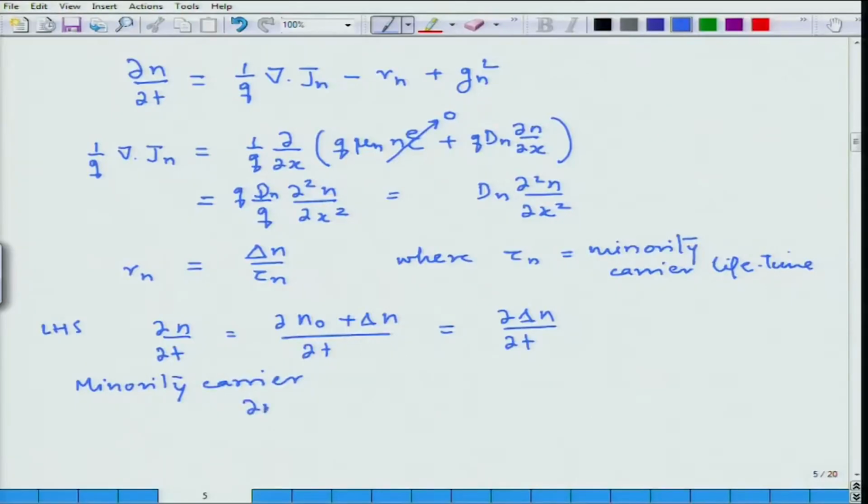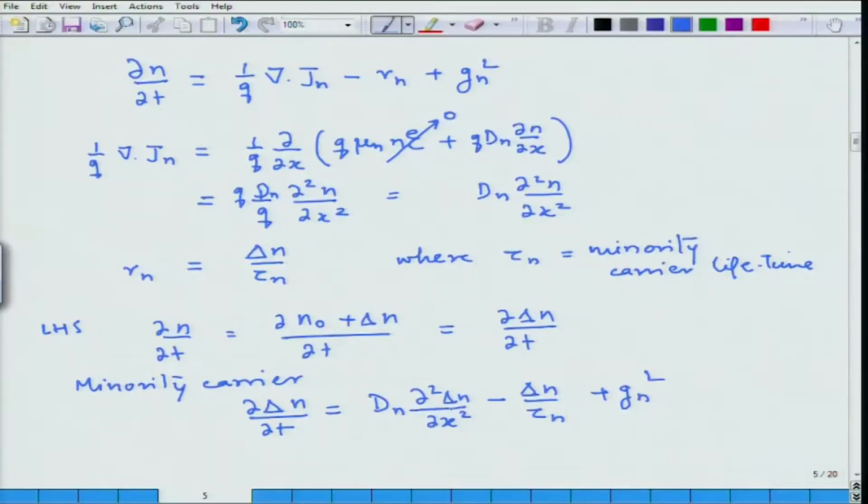The continuity equation will be del n, rather than writing for the total carrier concentration, we write an equation for excess carrier concentration, which is going to be given by d n, second derivative of the concentration gradient, plus g of. So, I have changed it, and similarly I can write this for the excess carrier concentration.